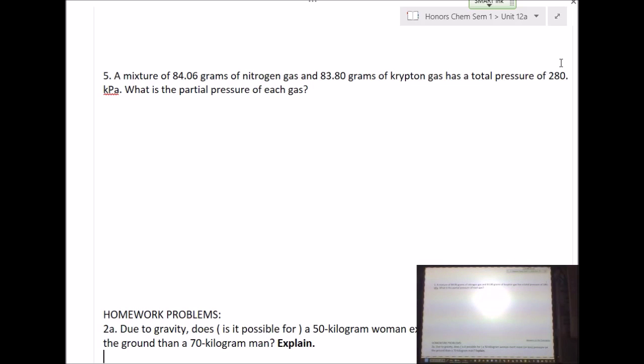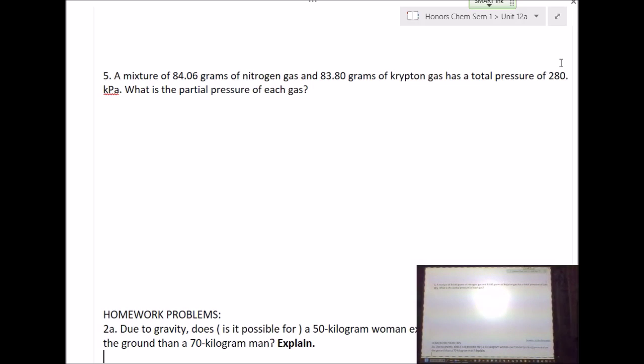If I said we had 84 grams of nitrogen and 83 grams of krypton, we would just say it's approximately 50%. These are not 50%. However, if I had 1 mole of this gas and 1 mole of that gas, now we're looking at equal things. So whenever you see grams, get it to moles. Don't even think about it.